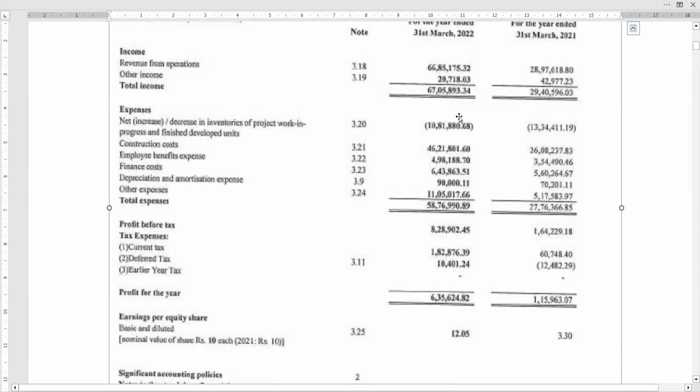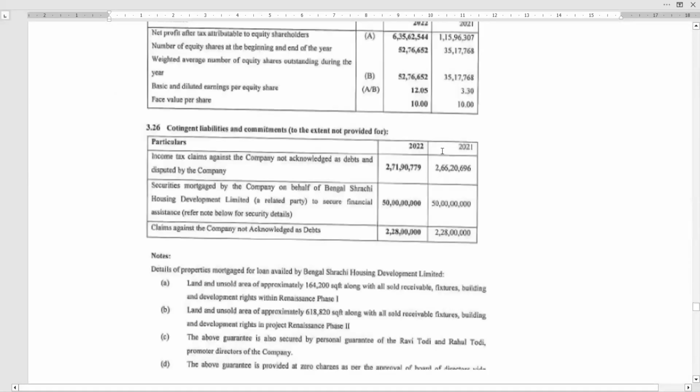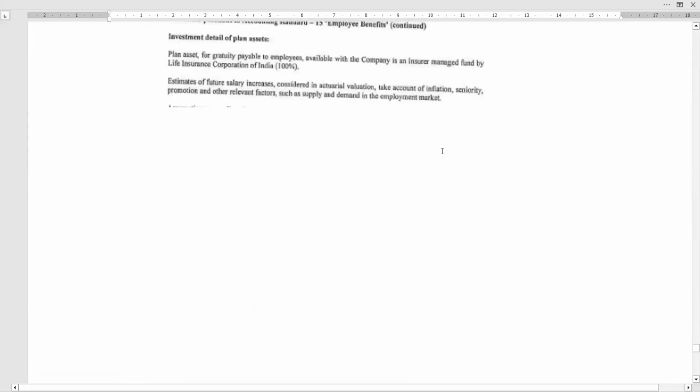So net of this figure only is getting debited to P&L. This figure 10,81 is getting transferred to work in progress inventory, because this 10 lakhs has come as a difference between opening and closing, right? That 10 lakhs is nothing but the difference between opening and closing. That means you have already transferred 10 lakhs from this 46 lakhs, but the disclosure is like this. That's all. There is no other meaning to it.